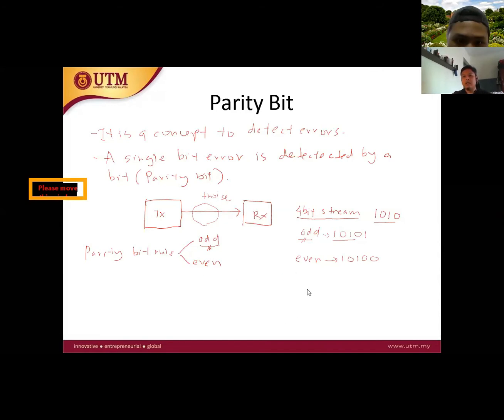Let's say this is the actual bit data that we send from the transmitter, and then we set the odd rules, and this is what should be received by the receiver.